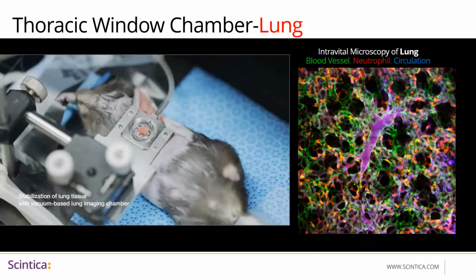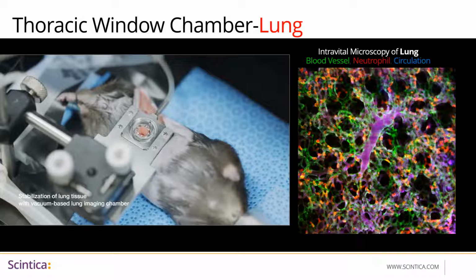As you see here, there is an airway associated with this chamber, which is custom designed, and it's connected to a vacuum pump. So when you turn on the vacuum pump, it sucks the air and allows a small portion of your lung or cardiac tissue to come closer to the cover slip. So you can stabilize that with a vacuum-based method, and you can image that area.